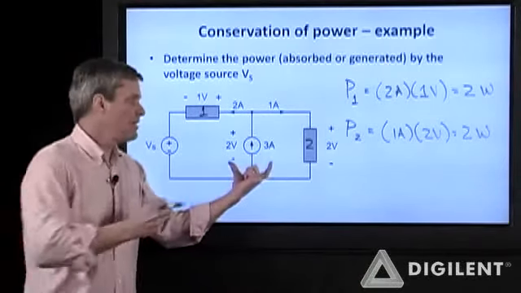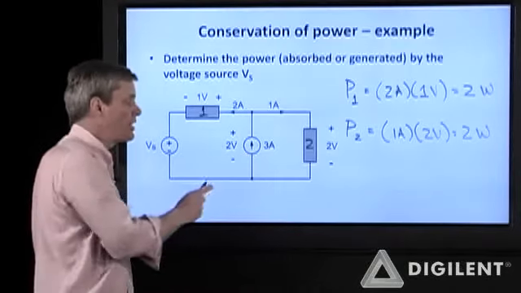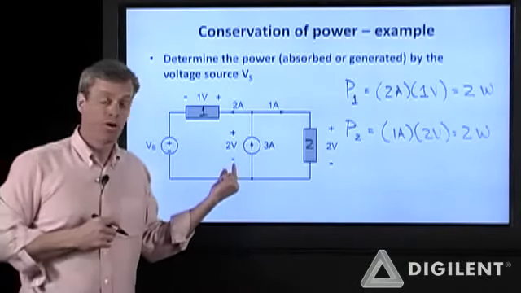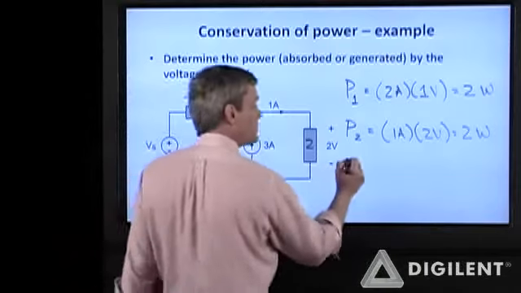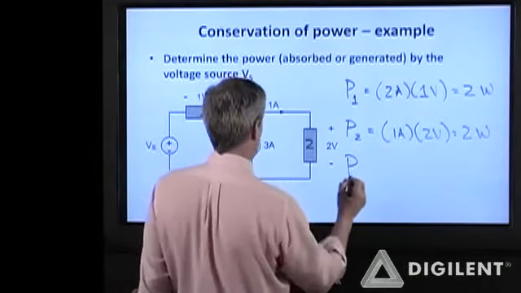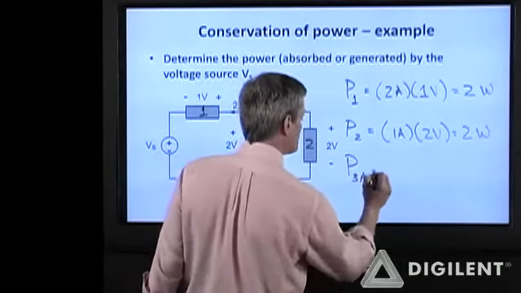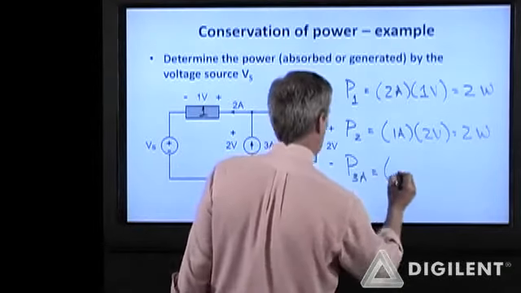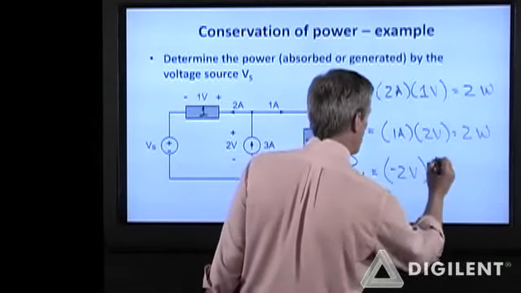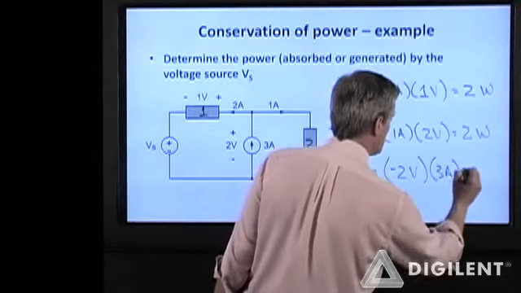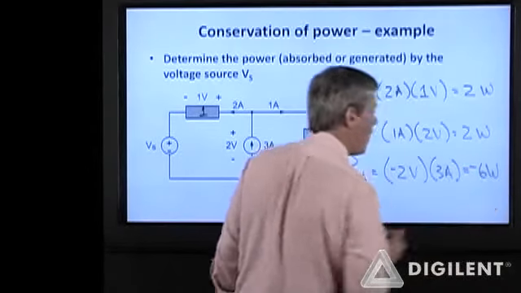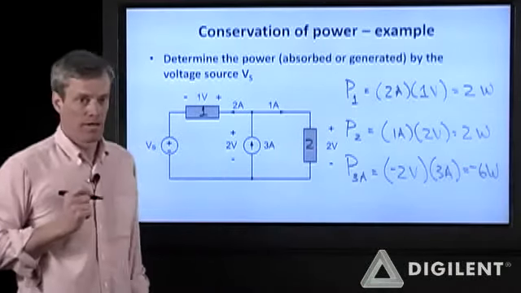This source here has 3 amps. It is going into the negative voltage node of a 2 volt difference. So the power absorbed or generated by the 3 amp source is negative 2 volts times 3 amps, which is minus 6 watts. Okay.